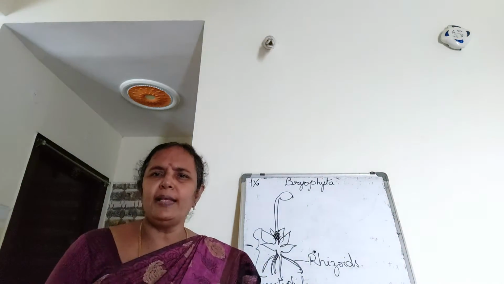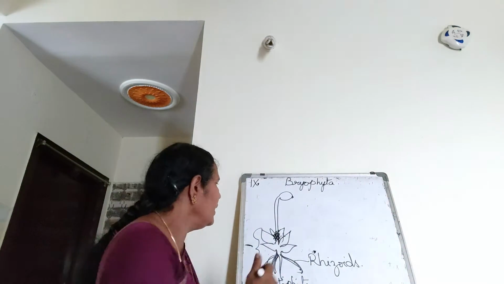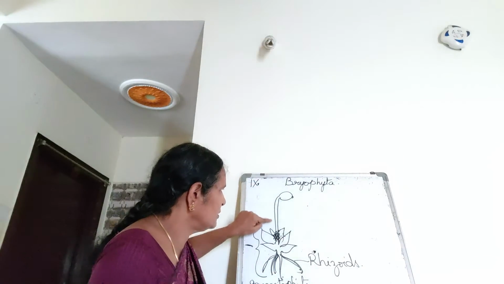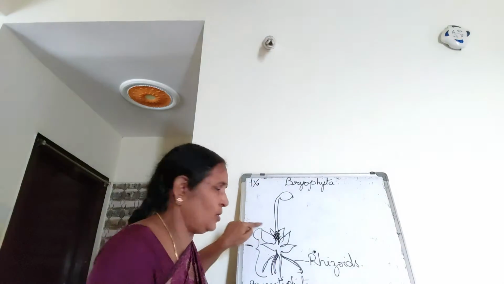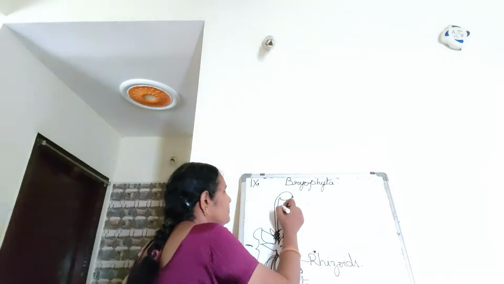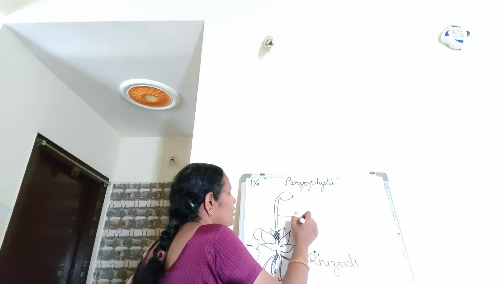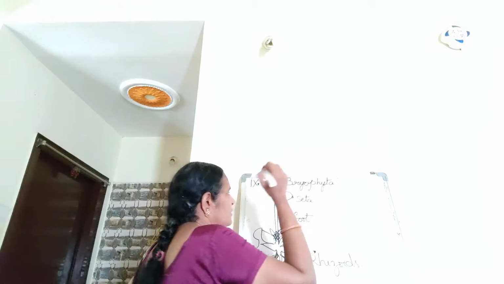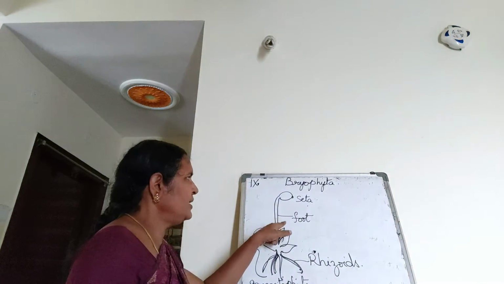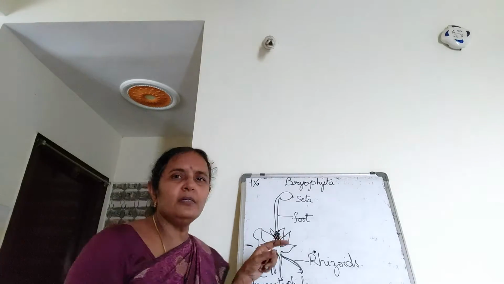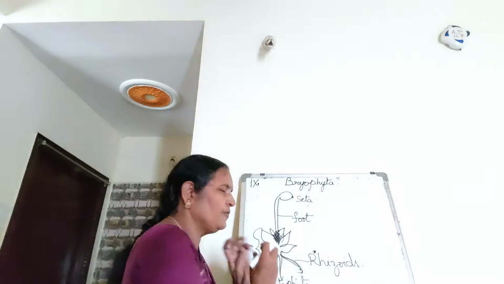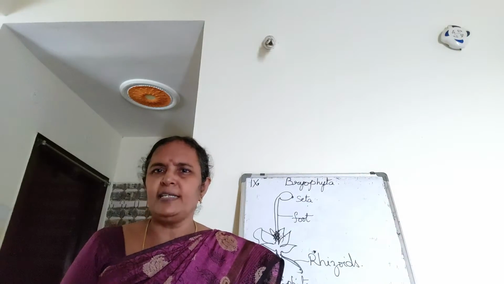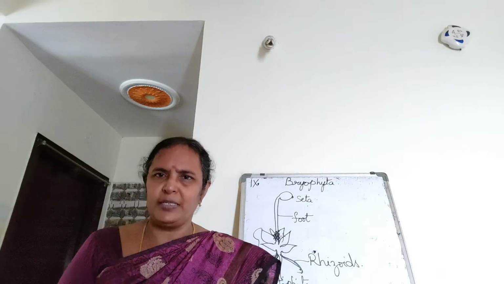These male and female gametes fuse to form, actually in the beginning this stem-like structure is not there. So this is called foot and this is called seta. Foot and seta. From the bunch of the leaves, male and female gametes are produced. So it is considered as gametophyte, as gametes are produced.